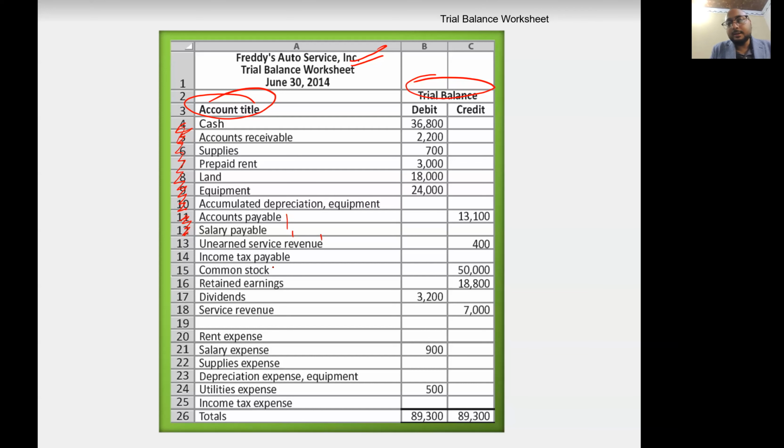And then at the end, the common stock, retained earnings, and then you write down the income statement accounts, revenue and all the expenses here, right? So at the end, all the debits must equal the credits. That's why it is balanced. We call this a trial balance worksheet rather than a statement. Okay.